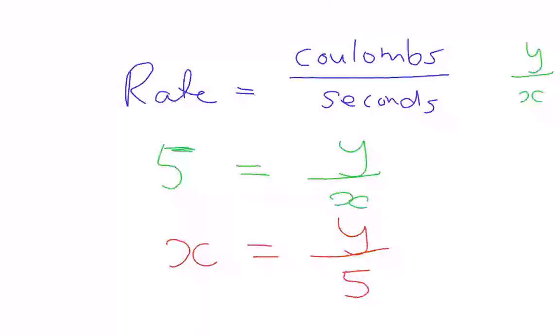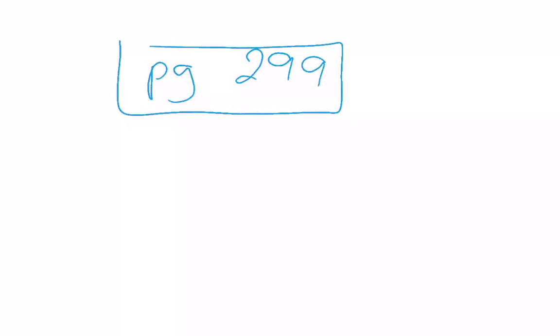Now, the work for this is on page 299. There is also a bit in the question that might ask you to graph the table once you have it, but I don't think I need to go through that. I think once you've got an x and a y value, you guys are okay at plotting those.